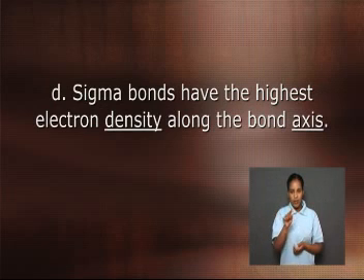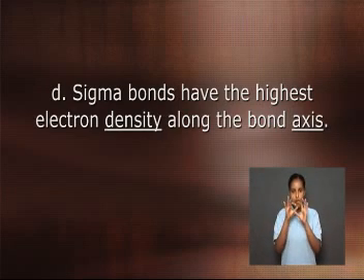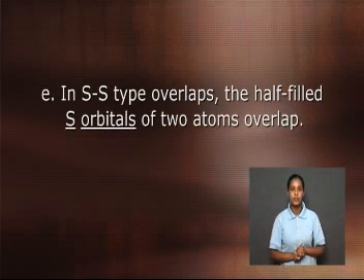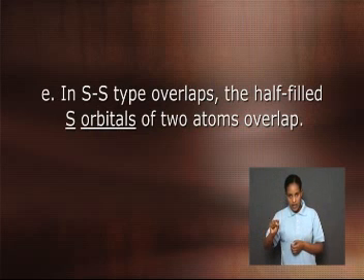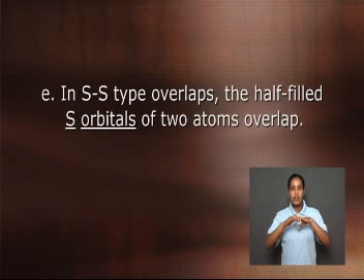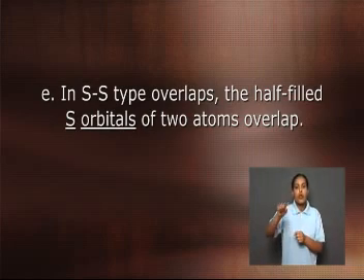Sigma bonds have the highest electron density along the bond axis. In ss-type overlaps, the half-filled s orbitals of two atoms overlap.